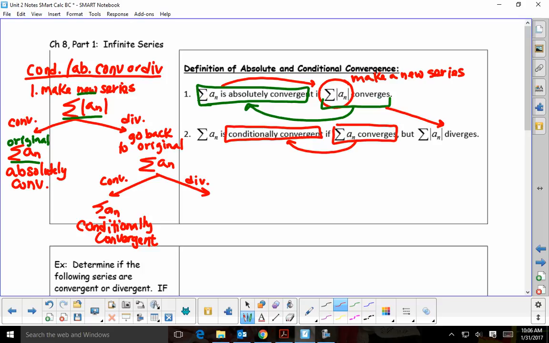If the new series diverged, and the original series diverged, then the original just diverges. No conditional, no nothing. So those are the three outcomes that could happen.